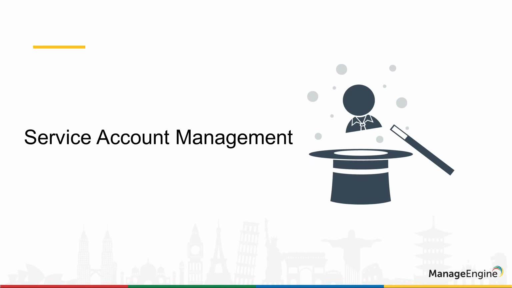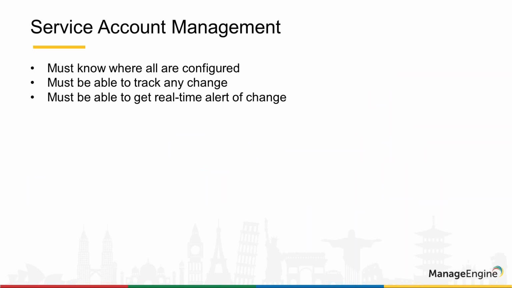Now let's move to another area that's also critical with regard to privileged access: service account management. Now, with service accounts, this can be a very daunting task as well, almost more complex than your privileged groups. Because how do you know where all of your service accounts are configured?